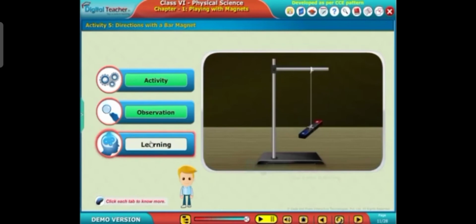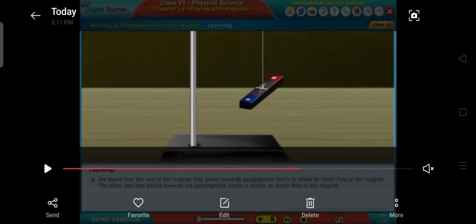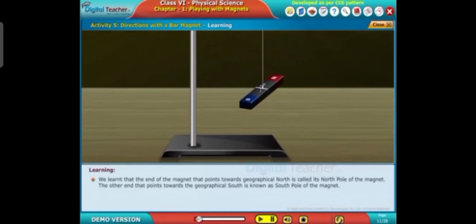Which are the four directions? You know which are the four directions? North, south, east, west. Okay, we have studied that. But in the case of a magnet, when we hang it on a thread, this magnet always comes to rest in a north-south direction.